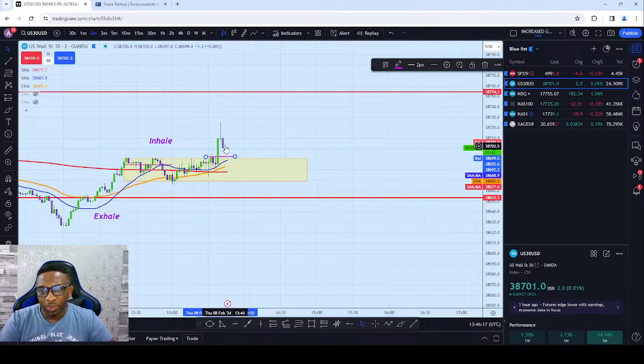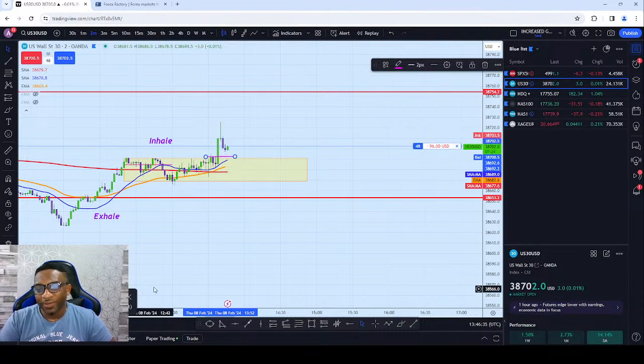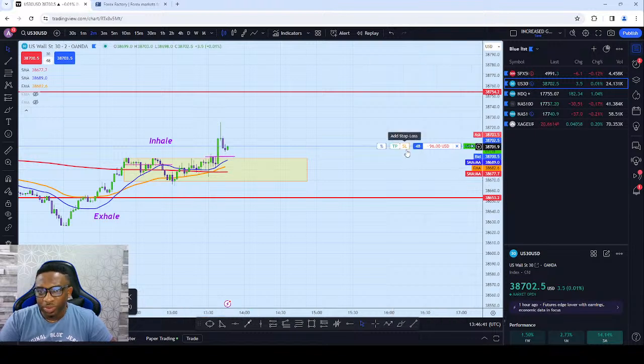So on here, I'm looking to get a position as price takes out this last purple candle. If price takes out this last purple candle, which is happening now, I'll go in for a buy. I'll go in for a buy now, even though it hasn't gone that far.